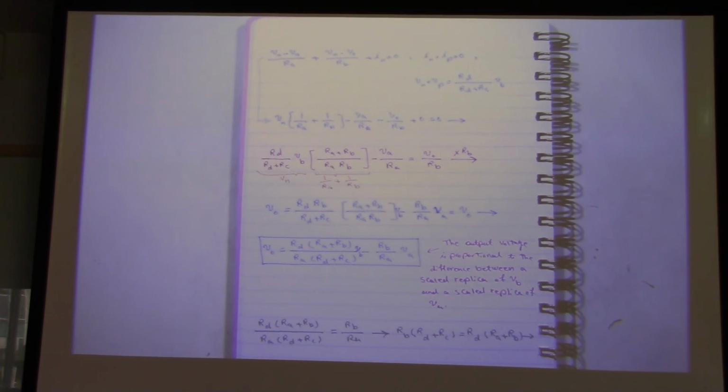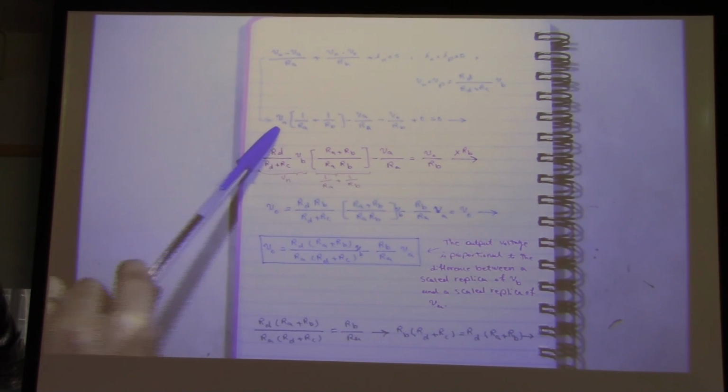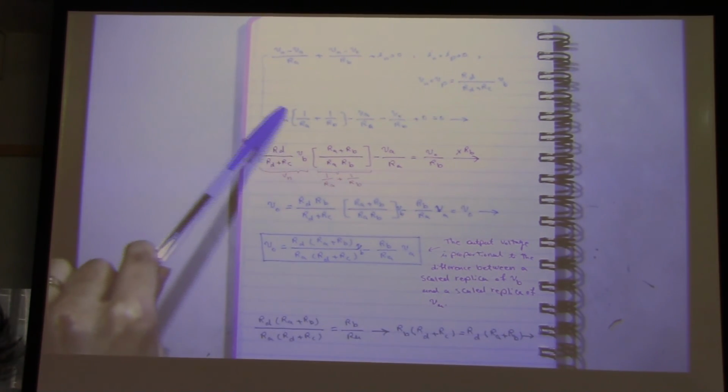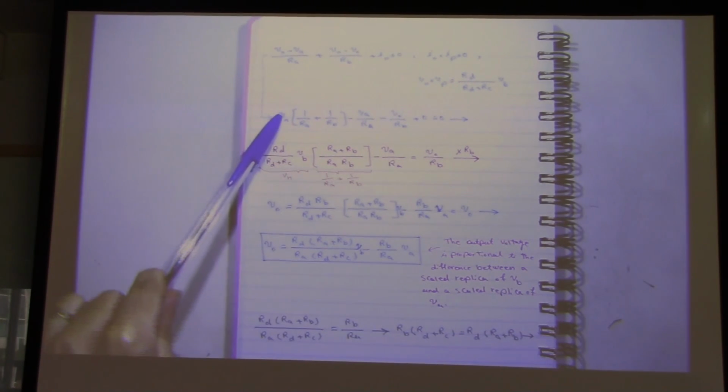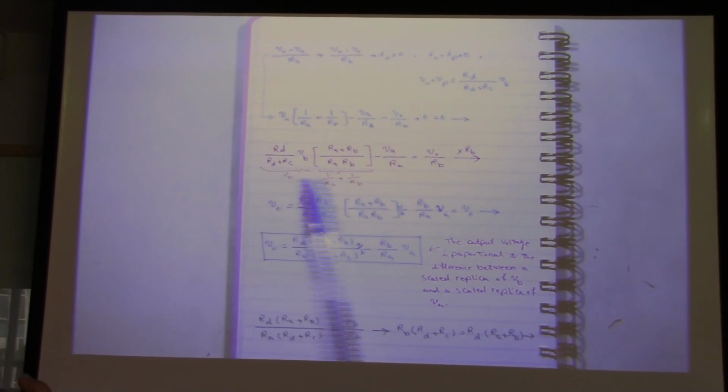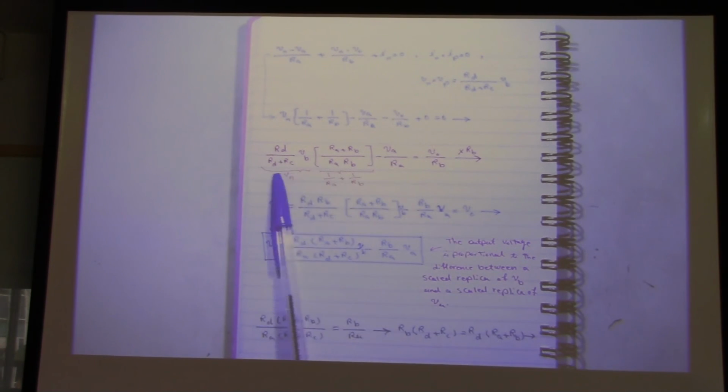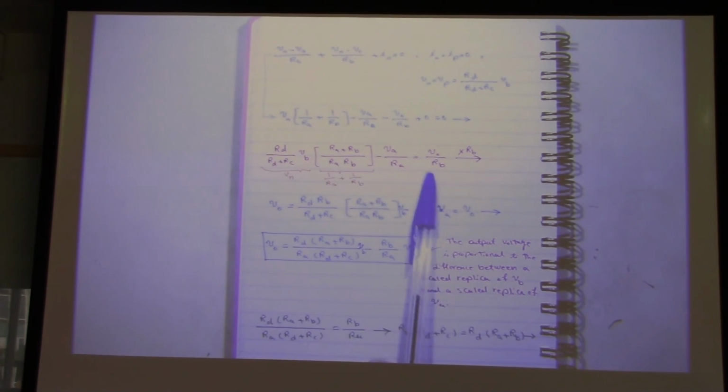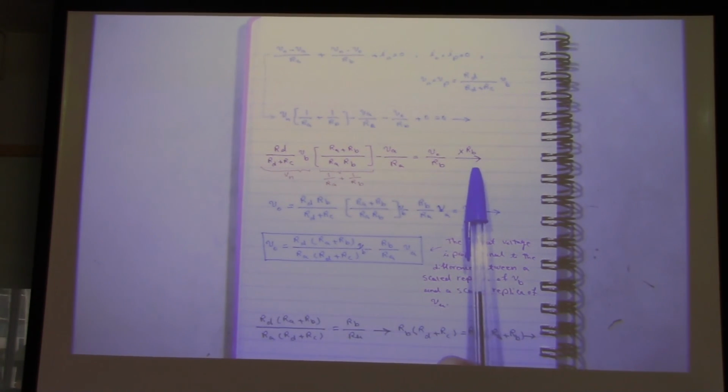We have two equations. The first equation was this one, and the second equation was Vp as a function of Vb. You say that Vn is Vp, so substitute Vp into this equation, you will get this one. And over here, I want to get rid of Rb, that's why I multiply by Rb.